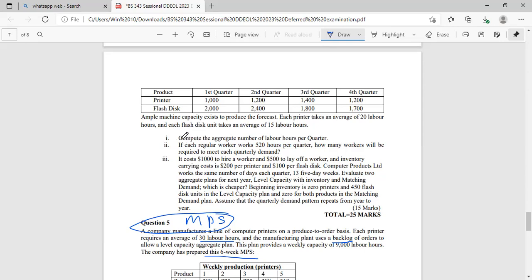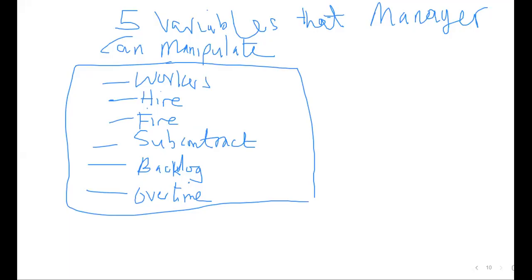So we need to find the aggregate number of hours per quarter. Meaning that as we go down to the solution, we are going to have quarter one, quarter two, quarter three, quarter four.